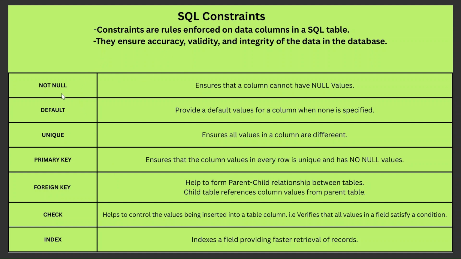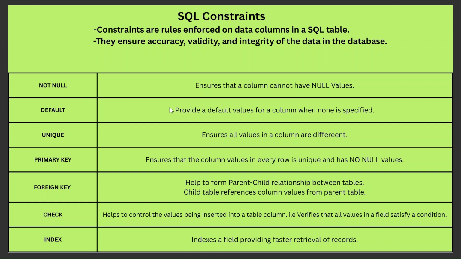So these are the constraint types. We have not null. This one ensures that a column cannot have null values. Then default. Default provides a default value for a column when none is specified. For example, you have a column for gender, and you expect male or female.